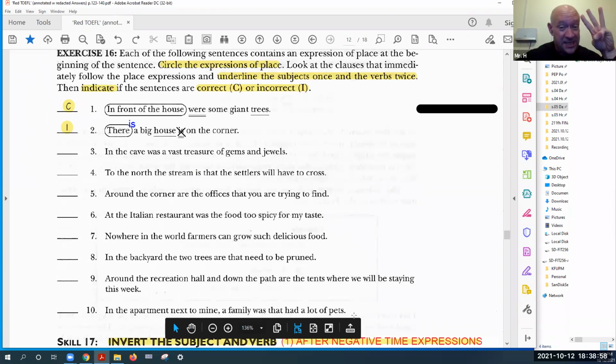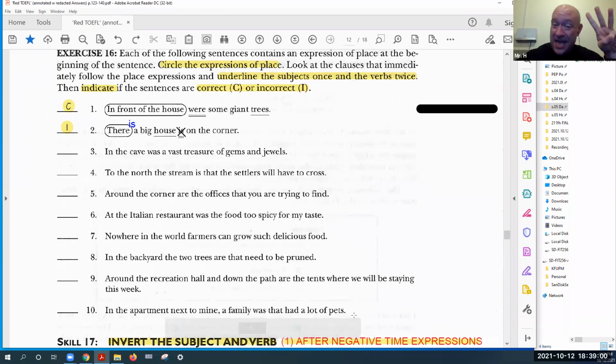You have three single place words, and then prepositions, and then the rest of the expressions. There's an unlimited number of place expressions. How to know them? I'm trying to show you examples one at a time.